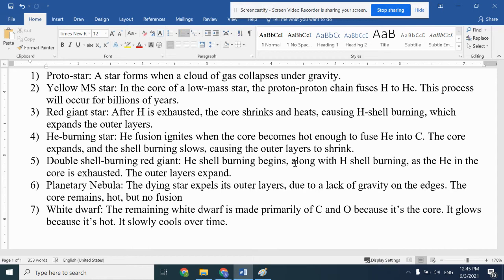And so the outer layers get blown away in a recoil effect as the core collapses, called a planetary nebula, which may go on to form other stars. The core becomes what's called a white dwarf, and the white dwarf is primarily carbon, might be oxygen if your star was able to do carbon fusion, but mostly carbon and oxygen. Now, it glows because it's hot, not because there's fusion, and it will slowly cool over time.